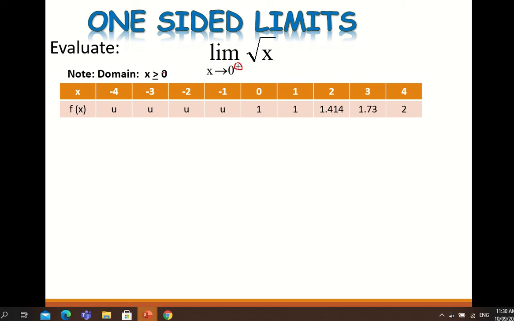Okay, so since our x must be greater than or equal to 0, we have to consider values from 0 going to the right. As mentioned in this presentation, x approaches 0 with a plus at the top of 0, so it means the values are coming from the right towards 0.